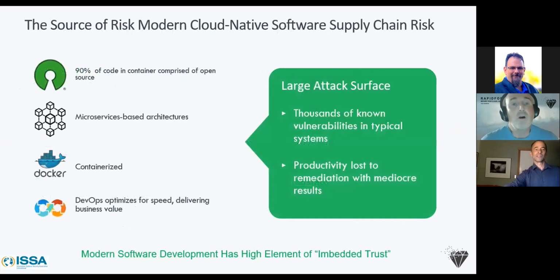Modern software risk arises through a number of mechanisms, but one of the key insights is that the way we develop software is fundamentally based on trust, in the sense that 90% of the code in a given container is open source.